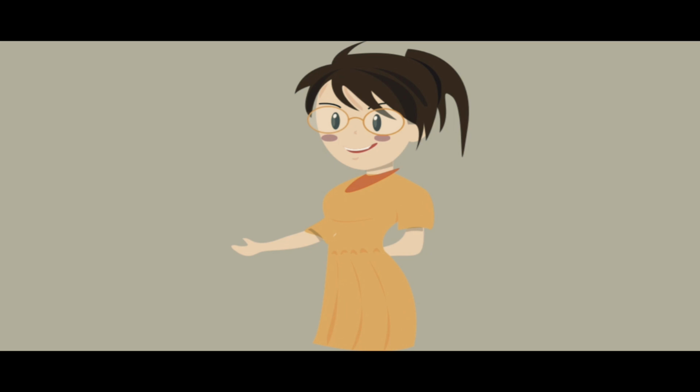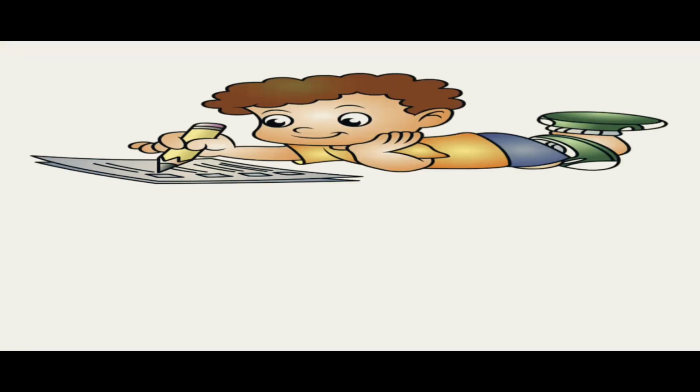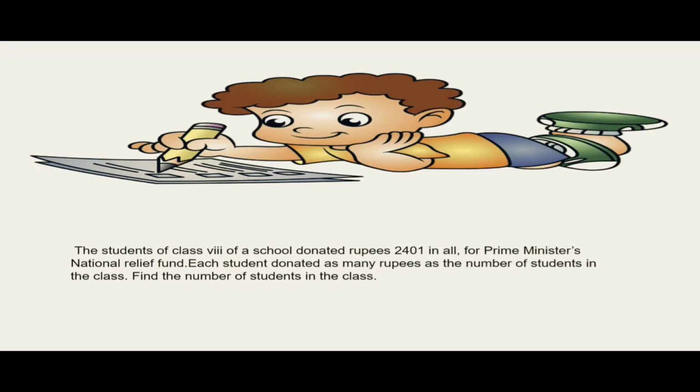Now, I have some homework for you. Please give this a try. Let me read it for you. The students of class 8 of a school donated rupees 2,401 in all for the Prime Minister's National Relief Fund.